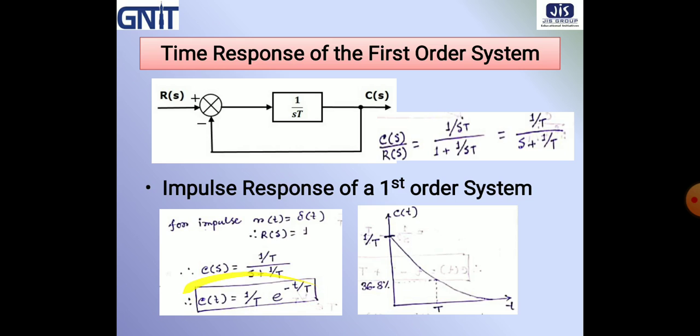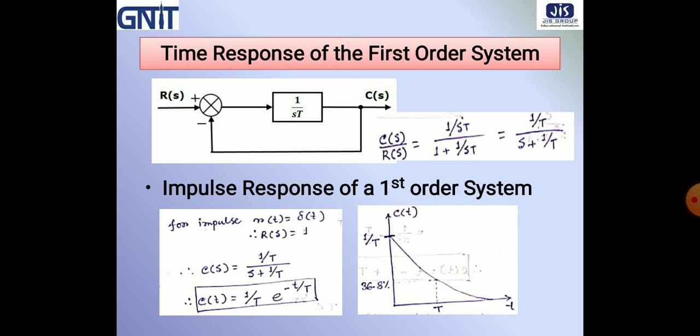Now, from this equation, if we want to draw the nature of the system, then just put the value of small t from 0 to infinity, and there will be an infinite number of values of c(t).